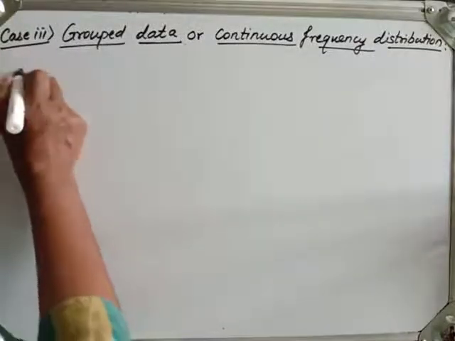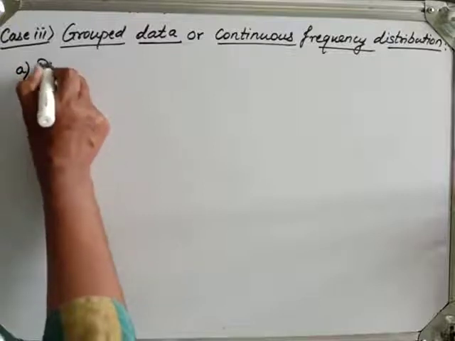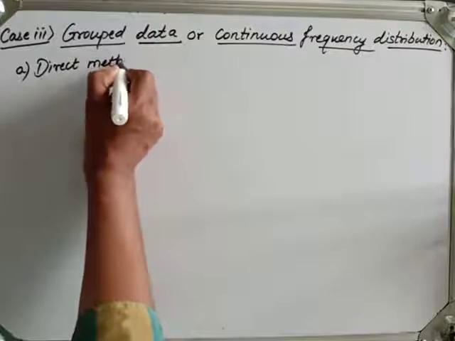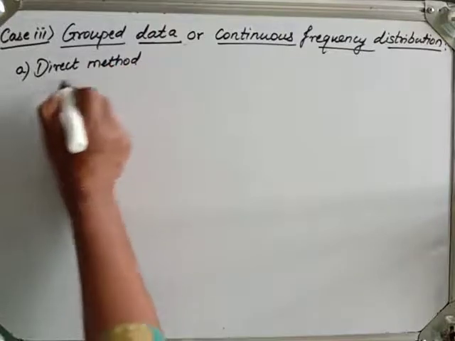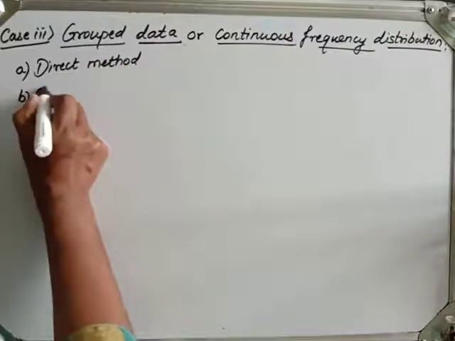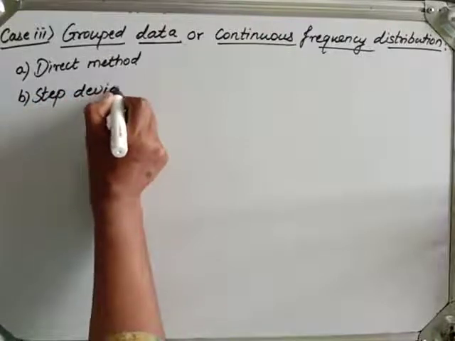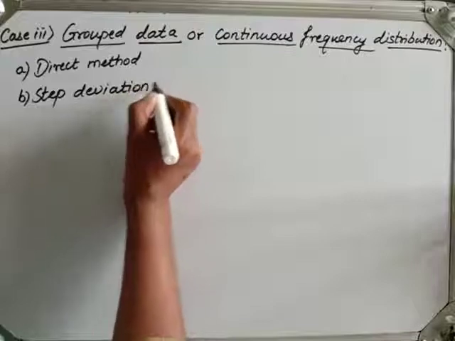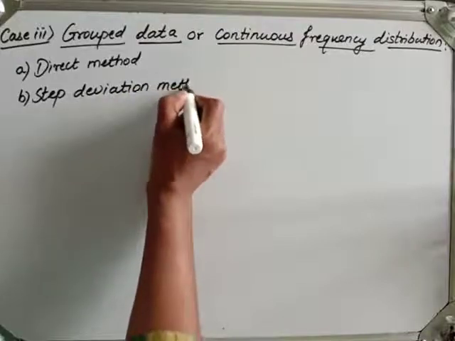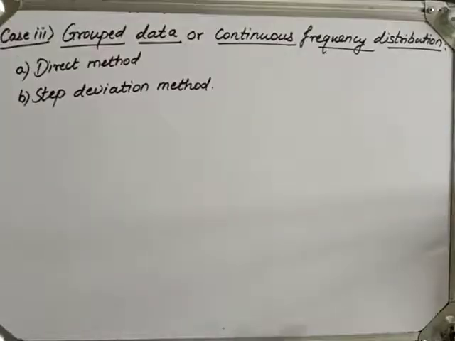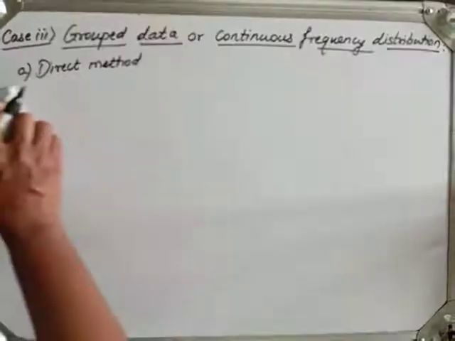The first one is the direct method and another one is the step deviation method. Now let me take first the formula for the direct method.